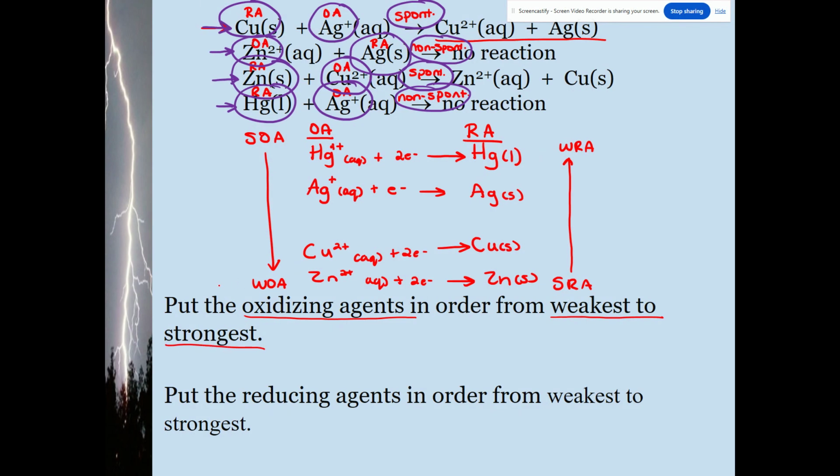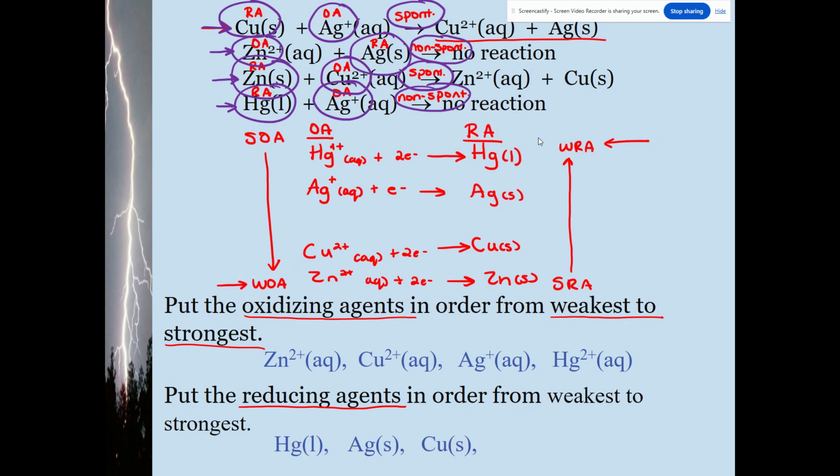So my oxidizing agents from weakest to strongest would actually be the ones on the left at the bottom going up: zinc, copper, silver, mercury. And then the reducing agents from weakest to strongest would be on the right-hand side, the metals, from the top down: mercury, silver, copper, and then zinc.